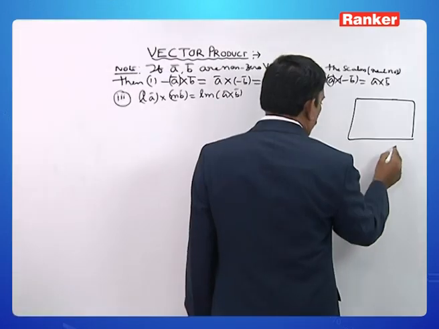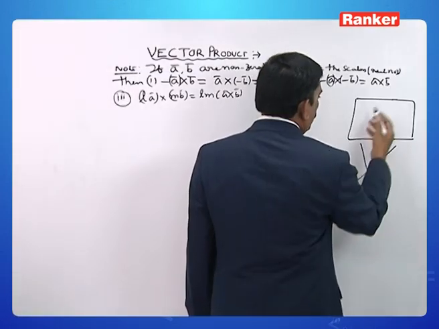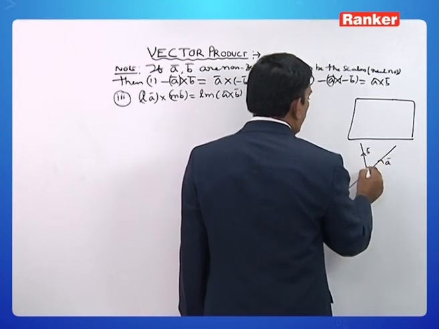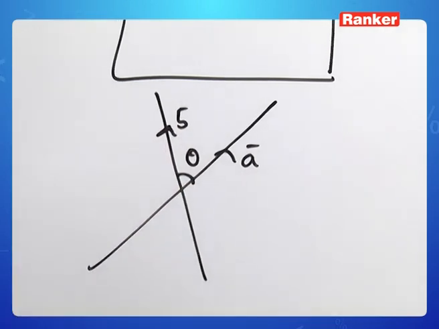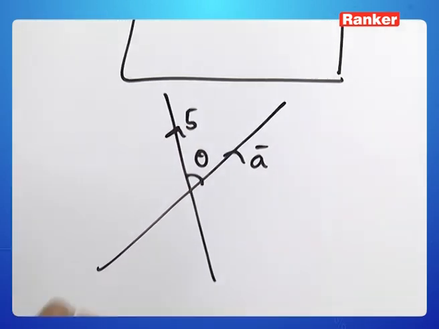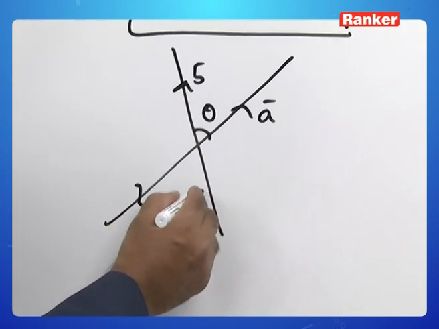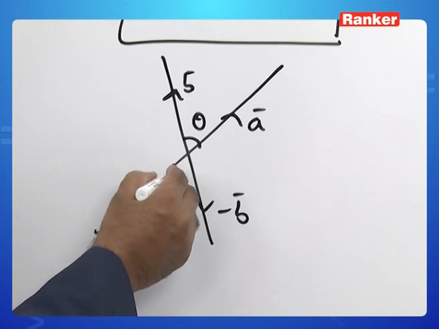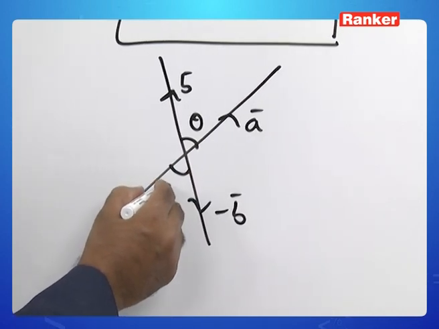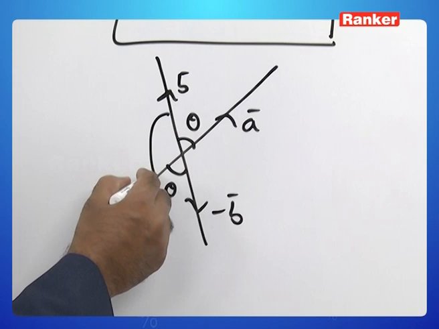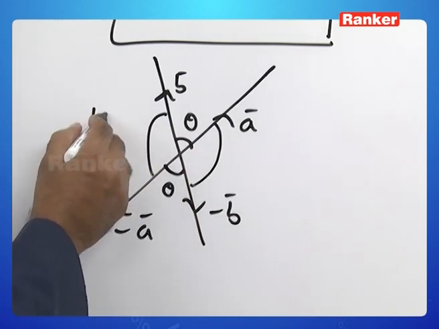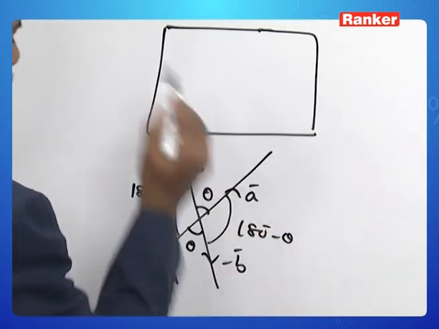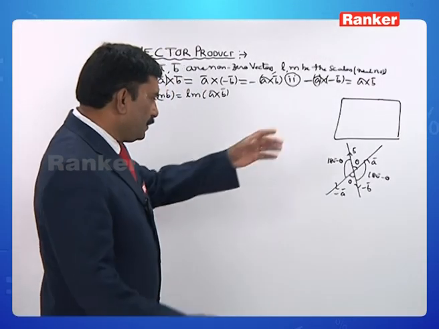Say this is A bar, this is B bar, and theta is the angle between them. So this is minus A bar, this is minus B bar. Therefore, the angle between A bar and minus A bar, minus B bar is theta. What about this? This is 180 minus theta. This is also a plane.